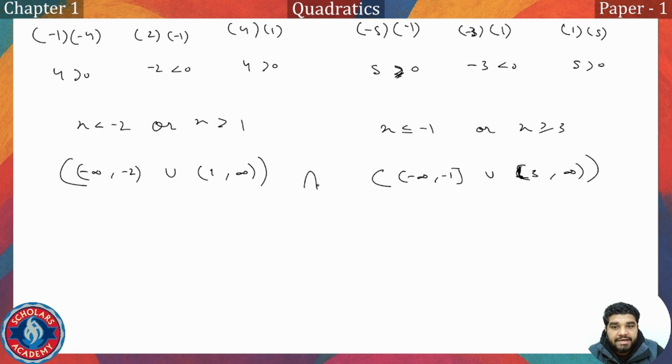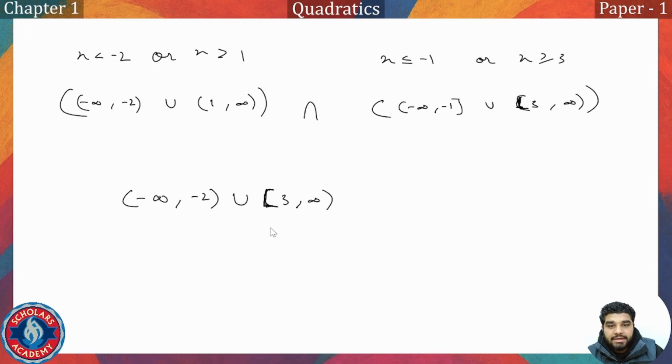From negative infinity up till −1, we have −2 over here, so we'll take negative infinity up till −2, with a round bracket because we don't have −2 in this particular case. For the second one, we start from 1, but we have 3 over here, so union with a square bracket for 3, we are including 3 till infinity. So this is what we are getting.